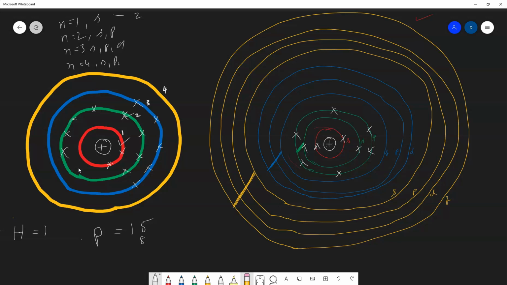Altogether we have put 10 electrons, so 5 remain, and the remaining 5 will go here. In the third shell, which has s, p, d, f orbitals, the first 2 will go to s, and the remaining 3 will go to the p orbital. This is how you fill the electrons using SPDF.